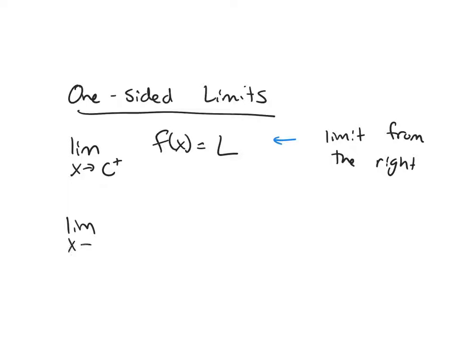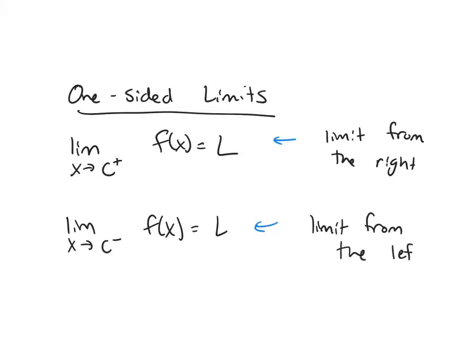And the limit as x goes to c, now if I have a minus here, what I mean by a minus is you're looking at the limit from the left.